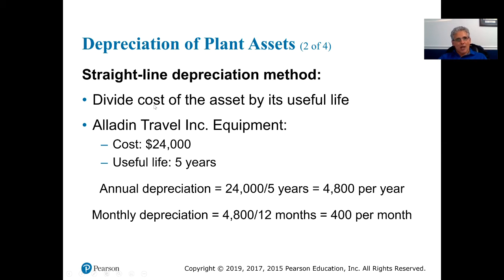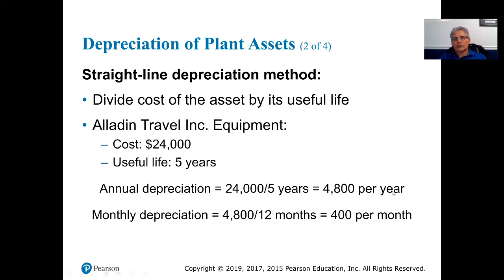We're going to take the cost and divide the cost of the asset by its useful life. For Aladdin Travel Incorporated equipment, the cost is $24,000, and we're going to divide it over its useful life. Let's say, for example, we think it's going to be useful for 5 years. We'll take $24,000, divide it by 5 years, and each year we're going to depreciate it $4,800.